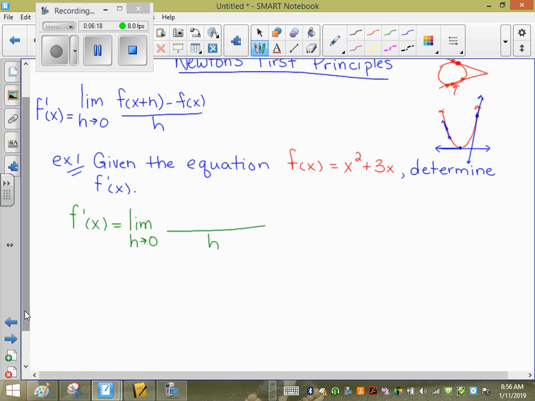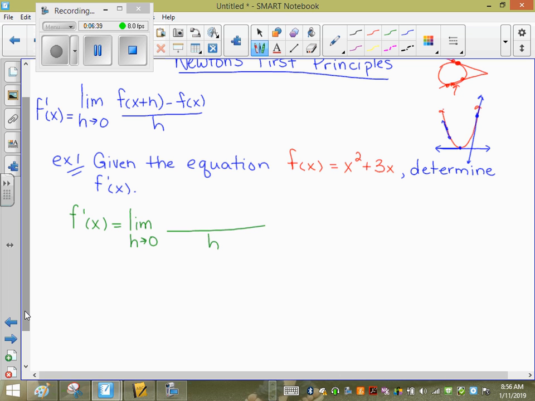Yes? The top says f of x plus h. So if I said f of 2, we would take 2 and fill it in for all the x's in f, correct? If I said f of 2x, we'd take 2x and fill it in for all the x's in f, correct?